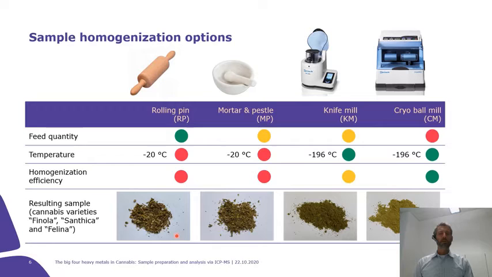The knife mill is better, and the best performance with particles of 100 micron or below will be obtained when applying the ball mill. So my recommendation in that case would be to go with a knife mill, at least if you have such a system in the lab. Do a pre-grinding process with this mill, and then transfer the sample to the cryo ball mill for final grinding.